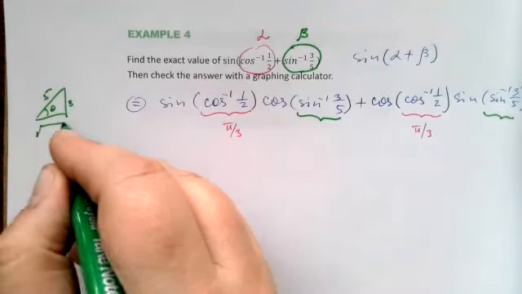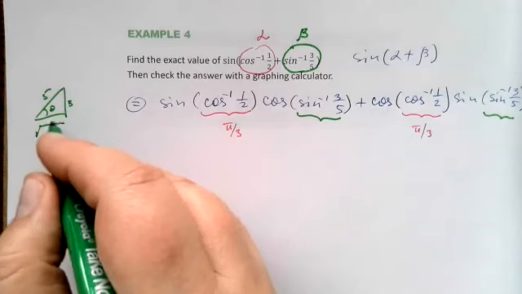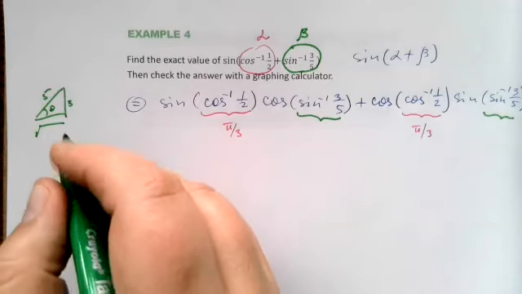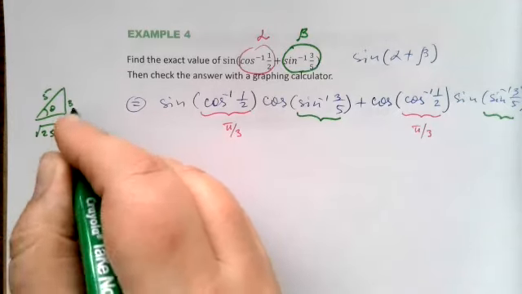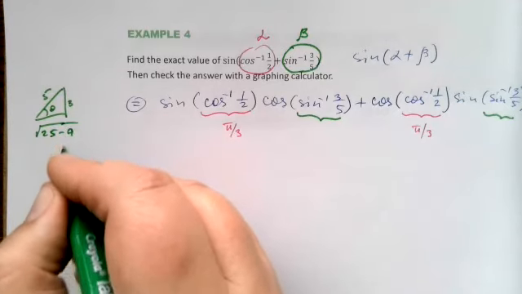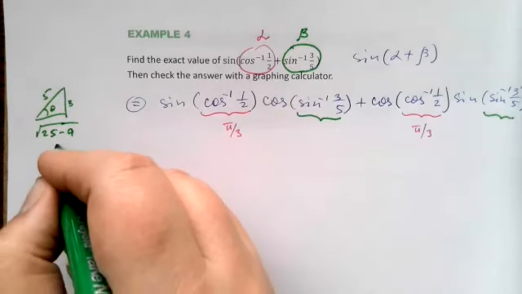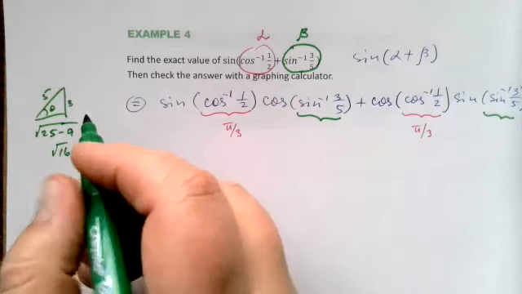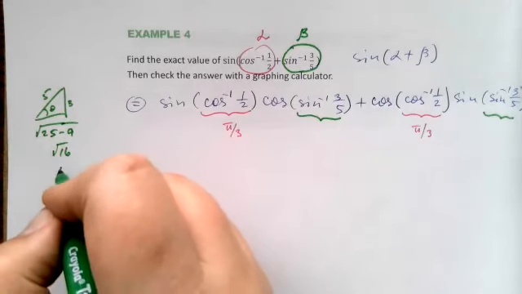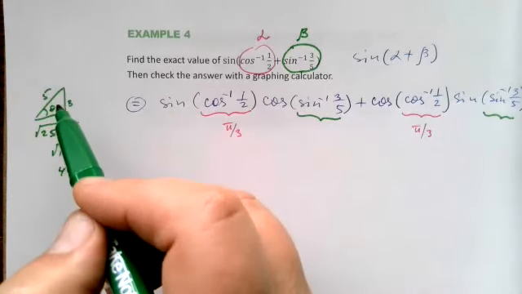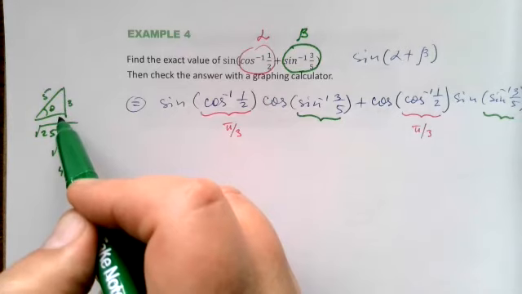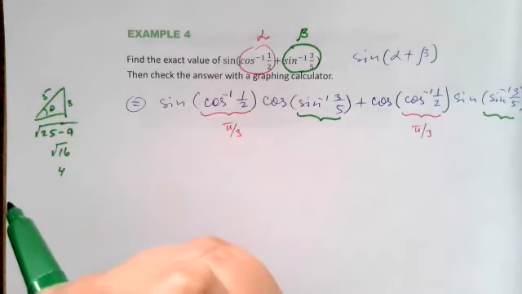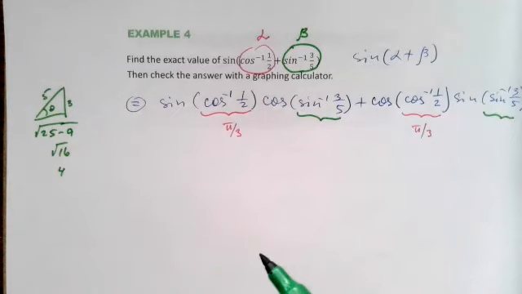So the adjacent side to angle theta is the square root of 5 squared, which is 25, minus 3 squared, 9. This is a square root of 16, which is 4. So the opposite side is 3, the adjacent side is 4, and the hypotenuse is 5.